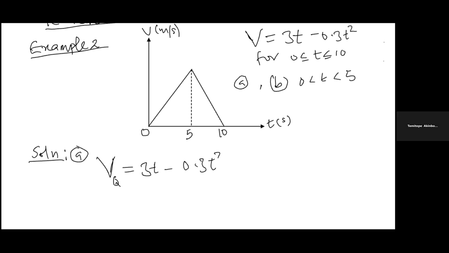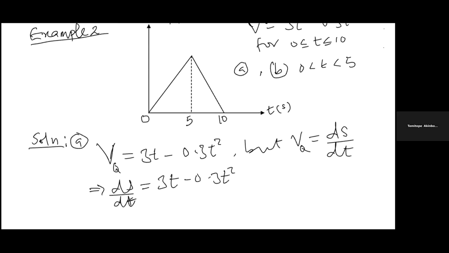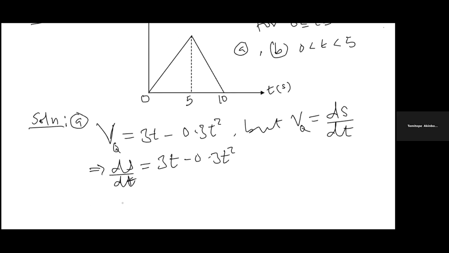And you know that velocity is ds/dt, but our s this time is regarded as displacement. So this implies that ds/dt equals 3t minus 0.3t squared, so ds equals (3t minus 0.3t squared) dt.